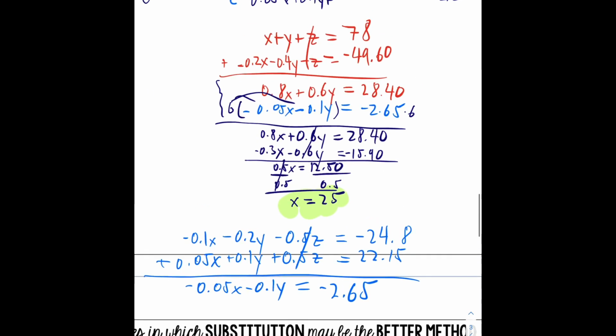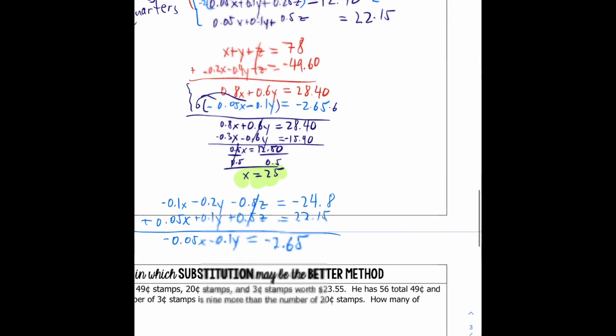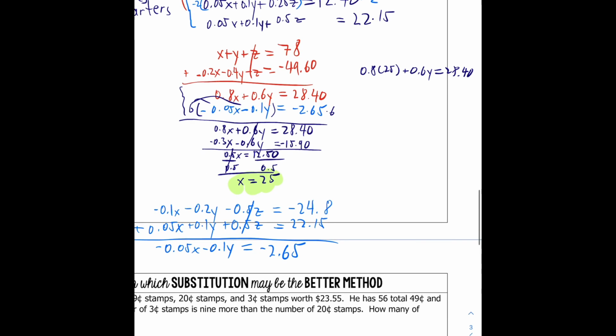Okay, then I can plug my 25 into this red equation right here. All right, so plug in 25 for x, we get 0.8 times 25 plus 0.6y equals 2840. Okay, 0.8 times 25, that's 20, plus 0.6y equals 2840.